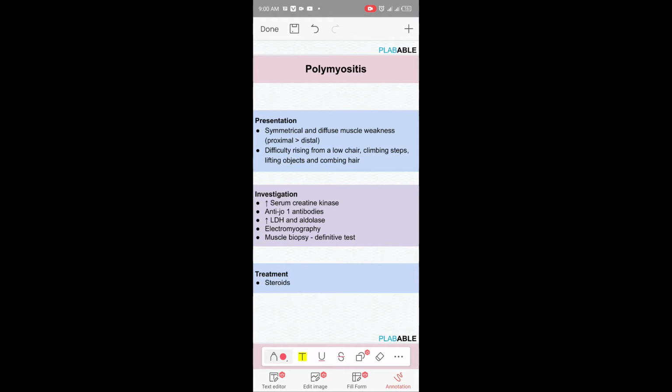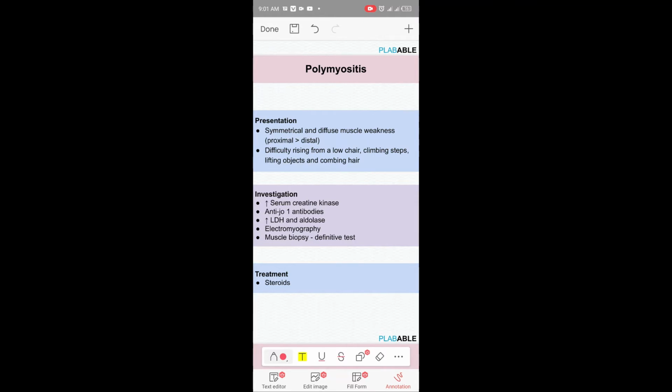There is inflammation of the muscle, and it presents with progressive muscle weakness. One thing is polymyositis and the other is dermatomyositis. The difference is that in dermatomyositis there is muscle weakness, but there is skin involvement as well. As the name implies, derma means skin and myositis means muscles are involved.